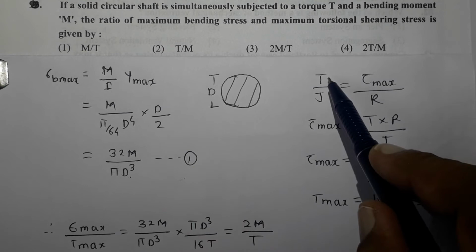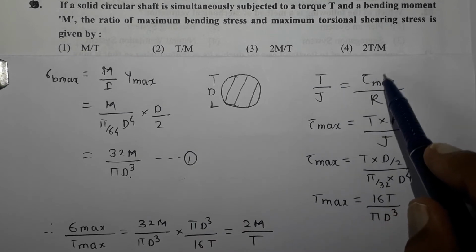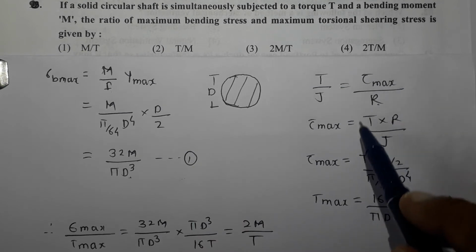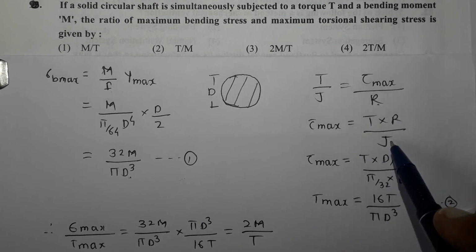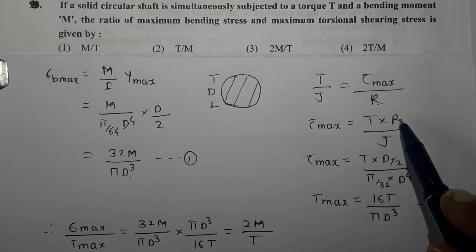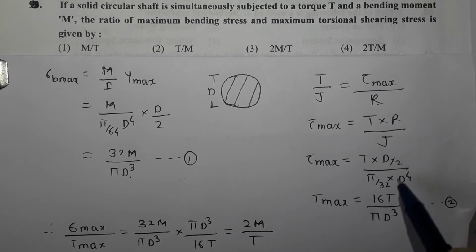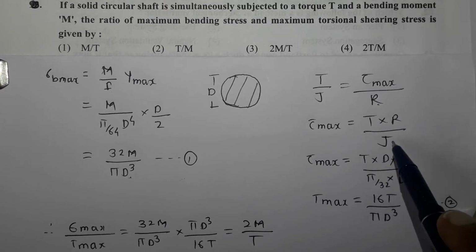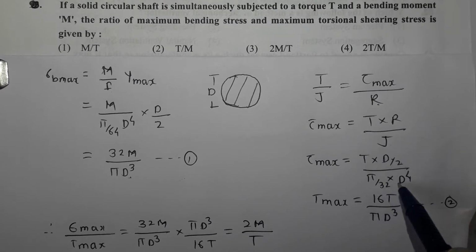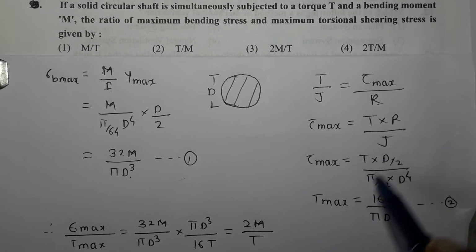Now from equation of torsion, T by J is equal to tau max divided by R. So tau max is equal to T into R divided by J. R is nothing but the outer radius, so it is d by 2, divided by J, which is the polar moment of inertia, pi by 32 into d raised to 4. So simplifying this, I can get tau max is equal to 16 times T divided by pi d cube.